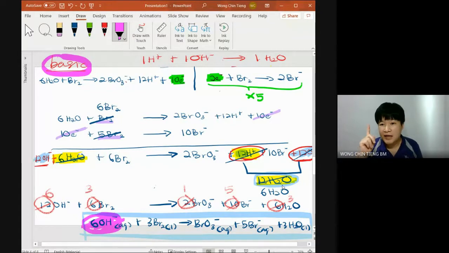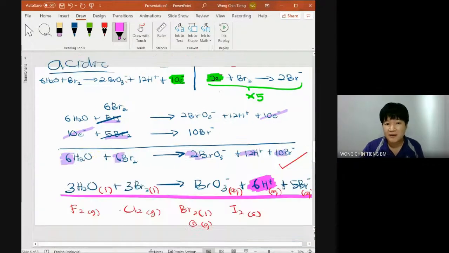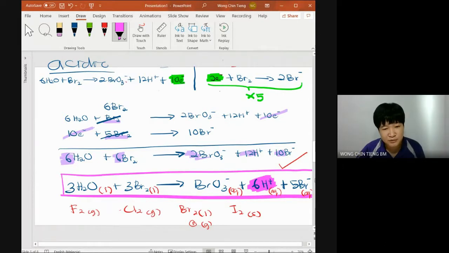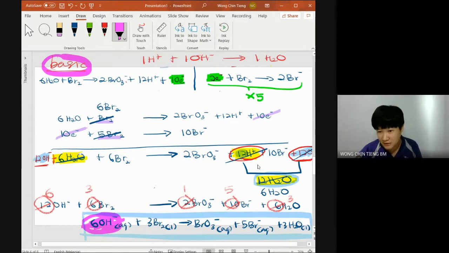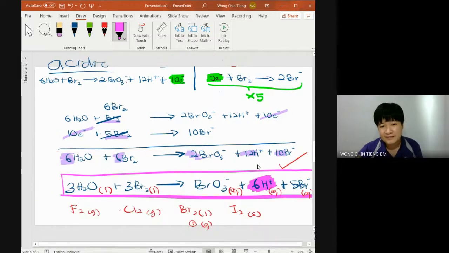And Intan asked a very good question just now. Teacher, kenapa untuk basic medium, Miss Wong tak ambil terus yang dah simplified? Satu, sebab saya memang nak tunjuk pentingnya simplified tu, jangan lupa simplified jawapan kamu. Second, yes, you can take straight away from here. Untuk basic medium, sebenarnya lagi senang after you finish until this step.